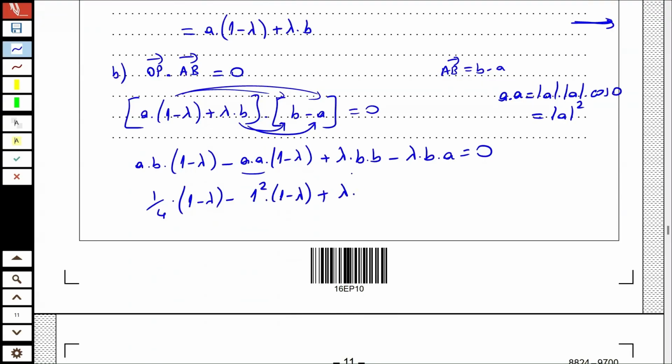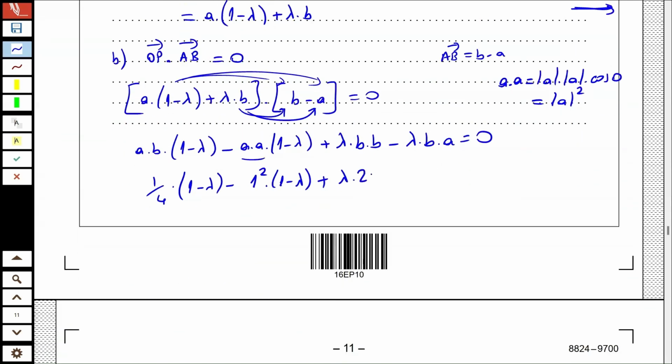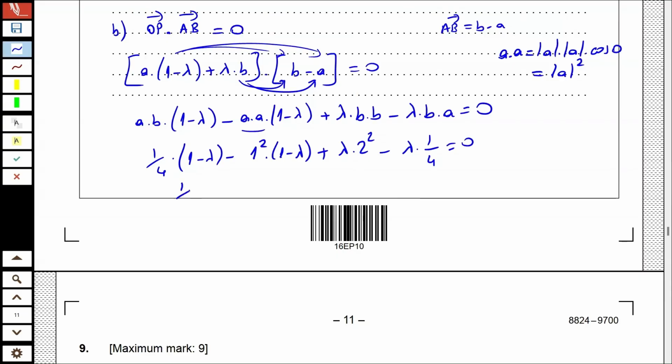Same for B, the square of 2, minus again lambda times 1 over 4, which is 1 over 4 minus lambda over 4, minus 1 plus lambda, plus 4 lambda, minus lambda over 4 equals 0. You can first make 1 over 4 minus 1, which is minus 3 over 4.